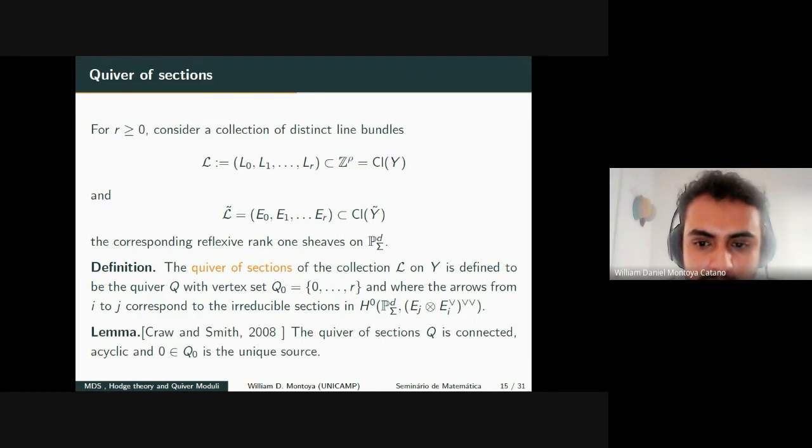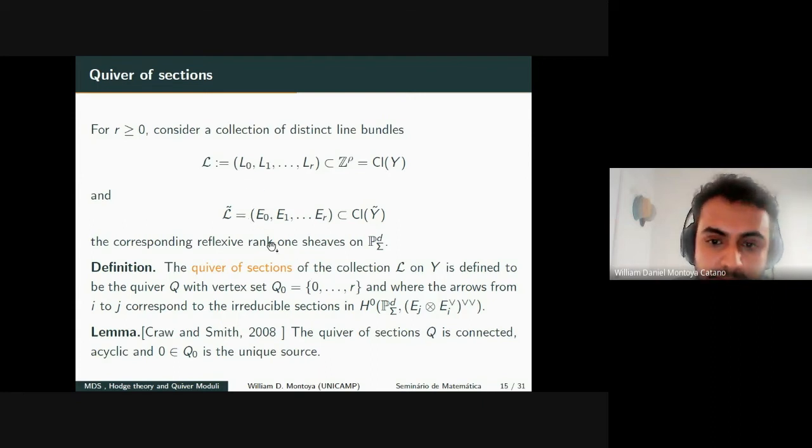Craw and Smith proved in 2008 that the quiver of sections Q is connected and acyclic, and zero is the unique source. It's important here that zero, most of the time, is the structure sheaf.